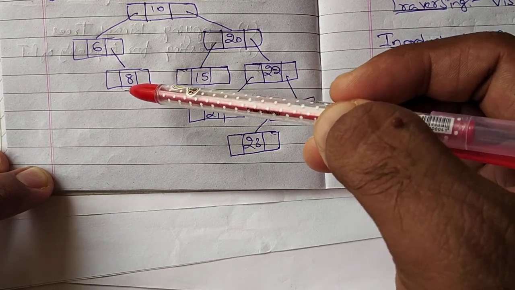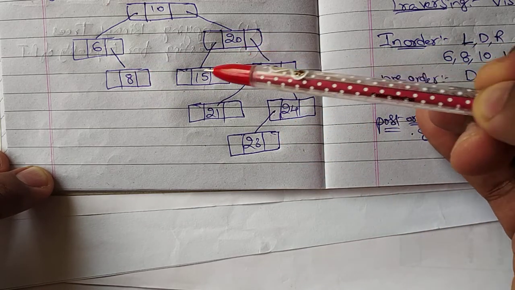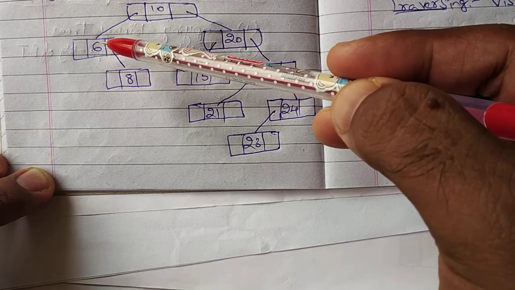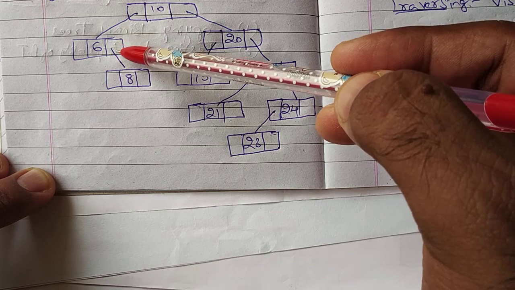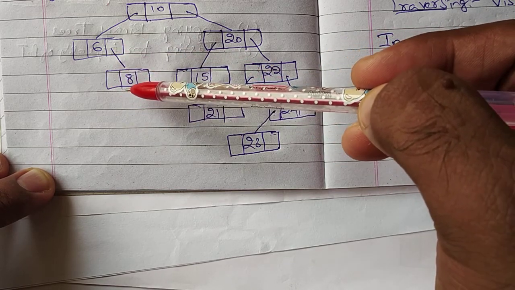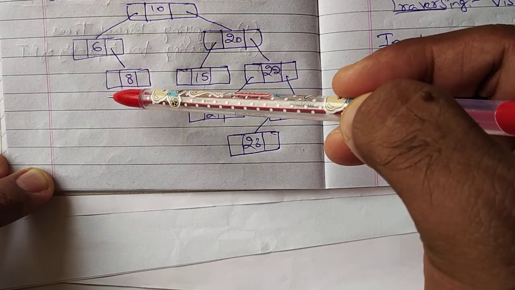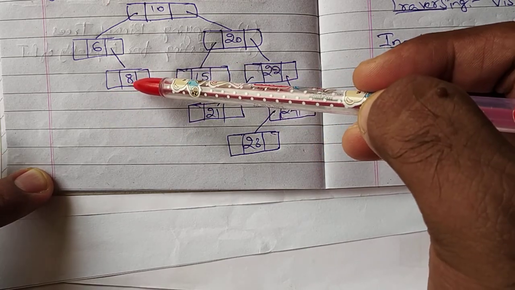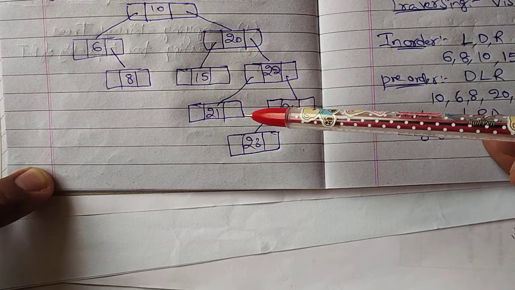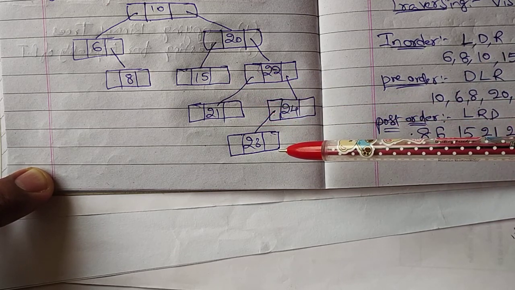That is very simple. Tell me what the leaf nodes are here. Can I say 6 is a leaf node? No, because it contains a child. So what is a leaf node? A leaf node doesn't contain any children, either left or right. So the leaf nodes are 8, 15, 21, 23.